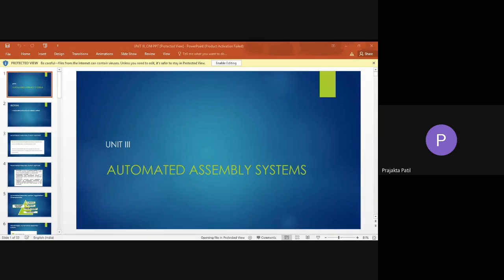So moving on to the second part of Unit 3, that is automated assembly systems. Okay, before I proceed with the contents of the syllabus, this is a very important announcement that I wish to make here. On this coming Thursday at 2:30, this class will be handled by an industry expert. So it will be an industry expert talk.